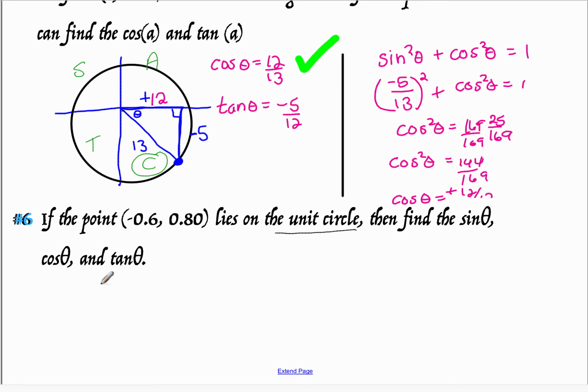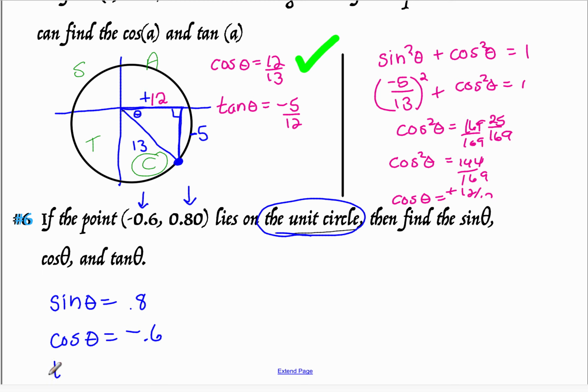This, people, is easy. The sine of my angle is, since it's already defined as being on the unit circle, 0.8, because that is the value of the y. The cosine of theta, we love this problem, is negative 0.6, because that's the cosine, the x. And then the tangent is simply sine over cosine.